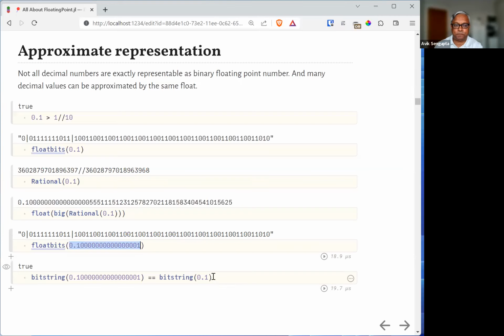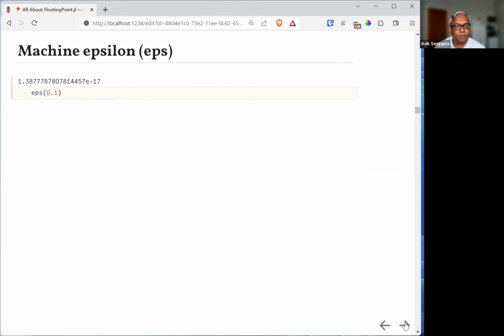So that's basically the problem with floating points, in that two numbers which are close together, as far as the computer is concerned, are exactly the same. One way to represent this is an idea called the machine epsilon, or EPS.